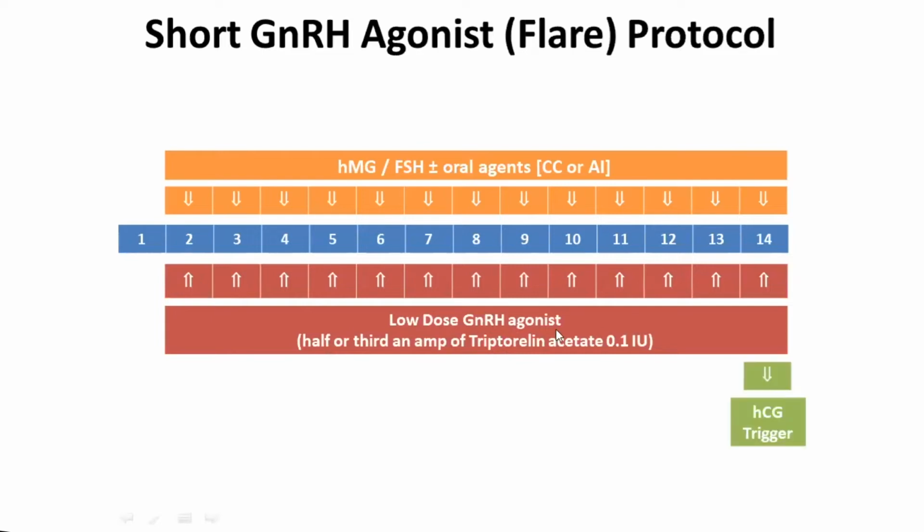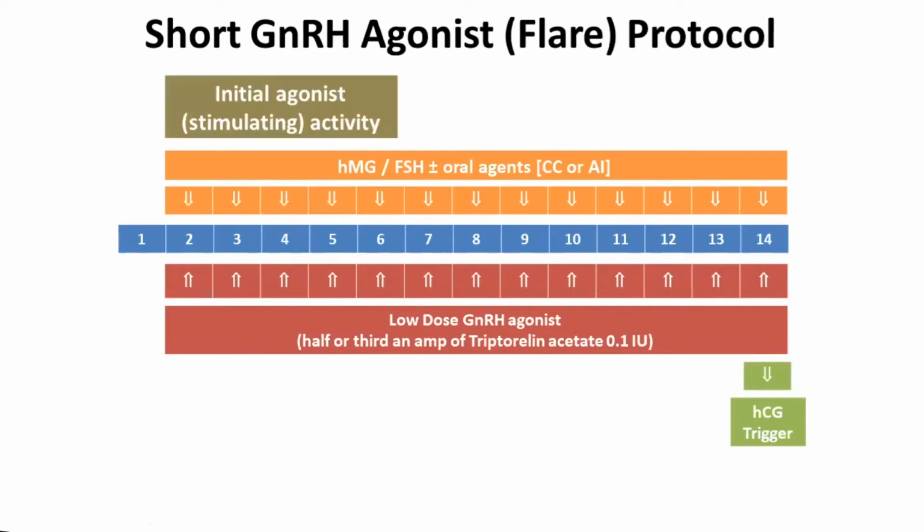We give trigger only by HCG, as once again, the GnRH agonist receptors are already depleted. So we cannot trigger by GnRH agonist in the short GnRH agonist protocol. We use only the HCG for triggering ovulation.